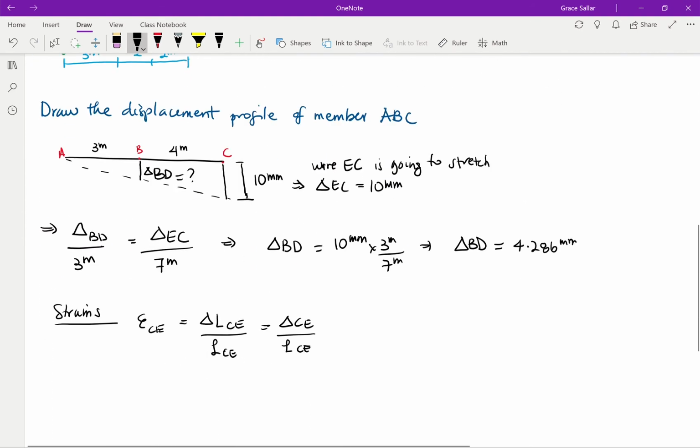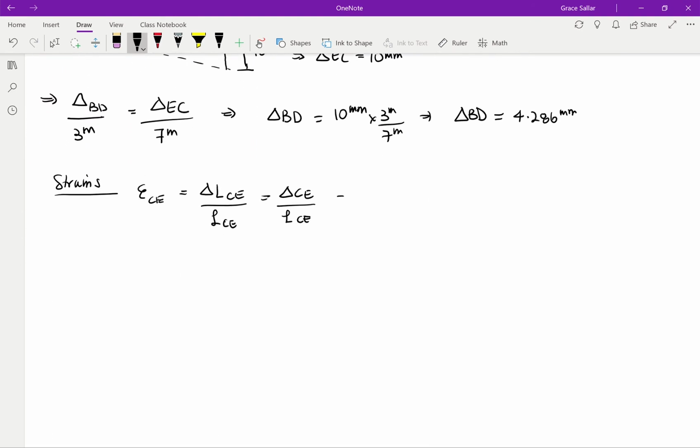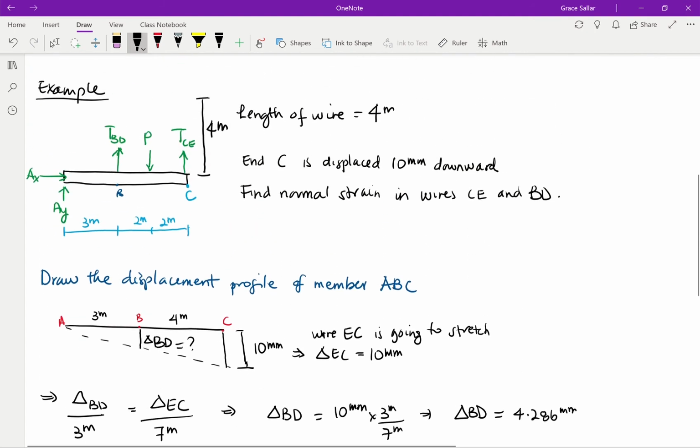So coming back down here, we'll see that CE is 10 millimeters over 4 meters. That means that epsilon CE is equal to 0.0025 millimeters per millimeter.